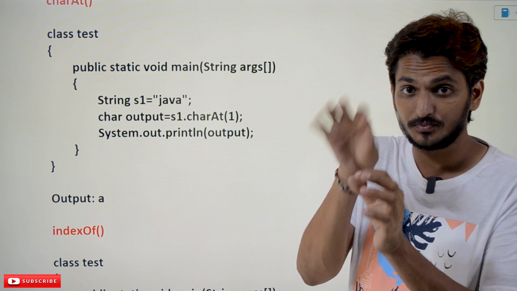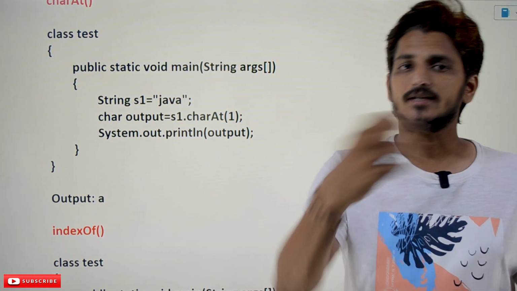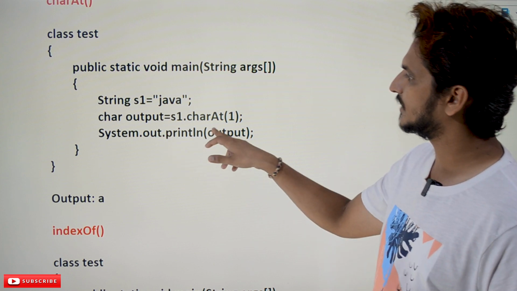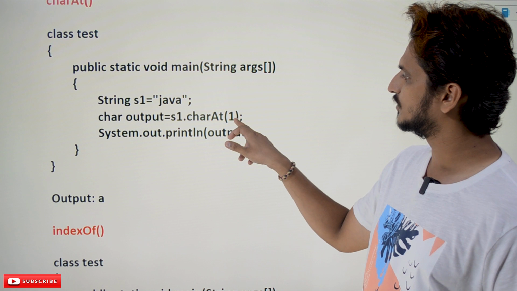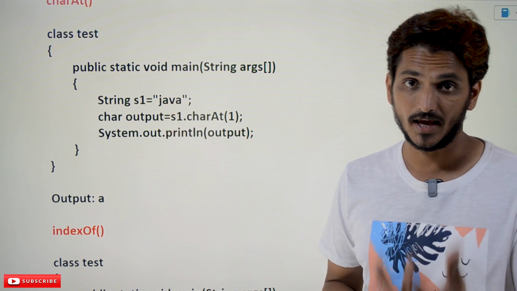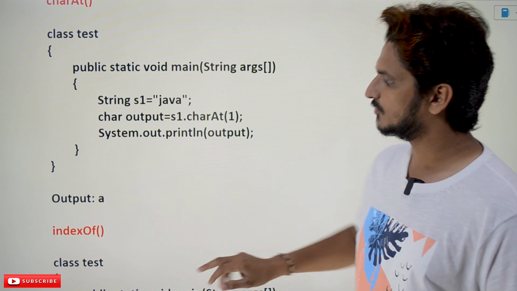At the first position, whatever character is present, you get it as an output. If you display it with System.out.println, you are going to get A, because at index position 1 we have the character A.